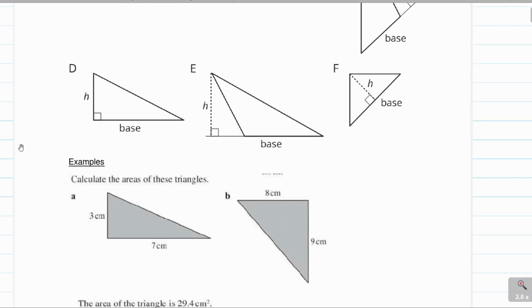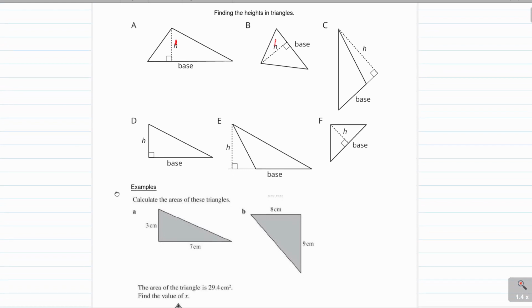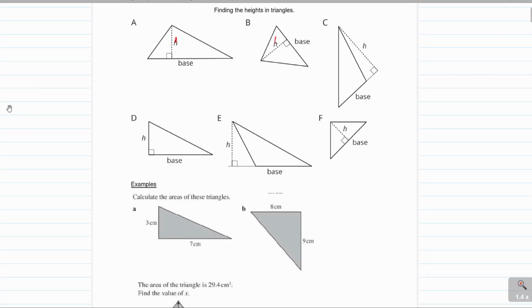So I'm going to do some examples here. I will just make this smaller so I can reference these triangles above. Calculate the areas of these triangles. Now, we see a nice right angle here. Okay, I could use this as my base and this is my height. Alright, these two sides here are perpendicular to each other.